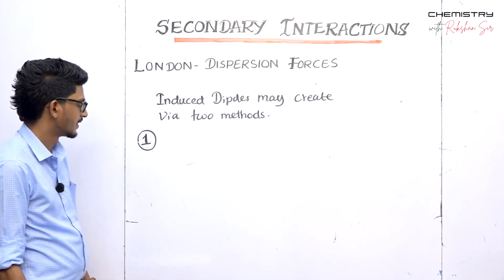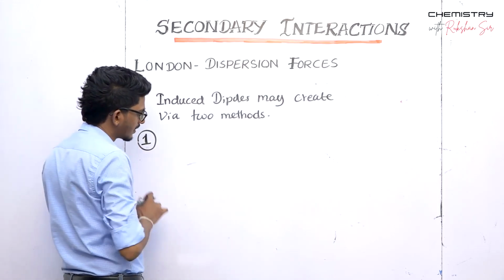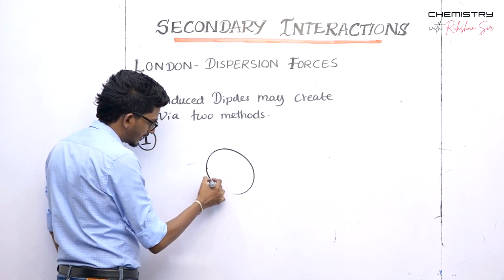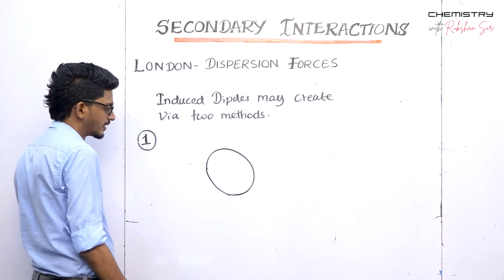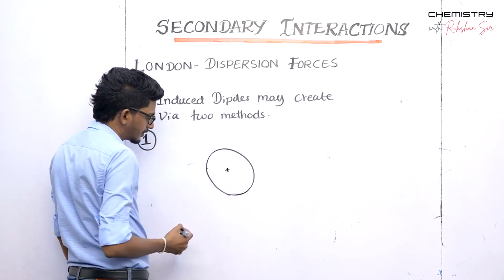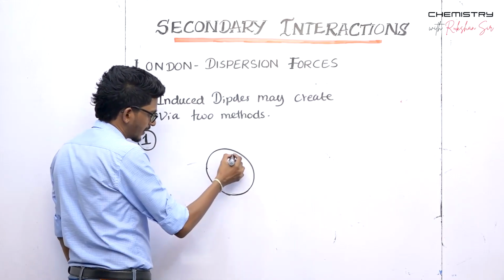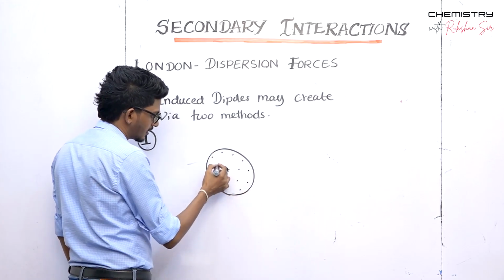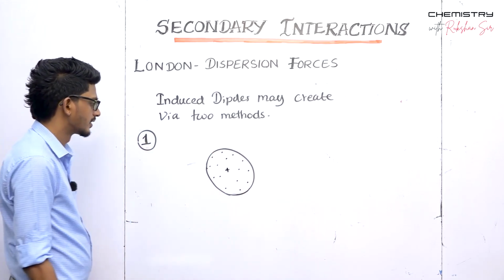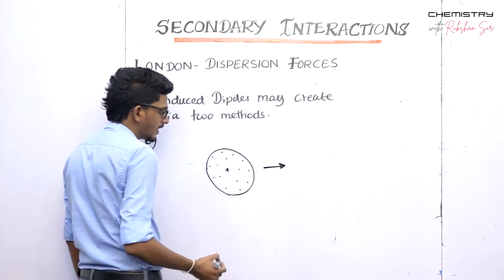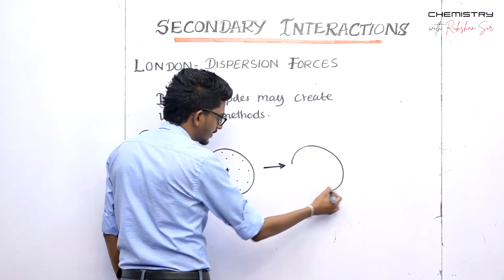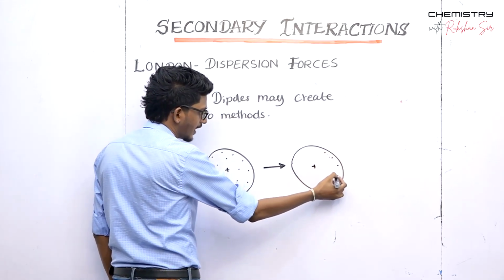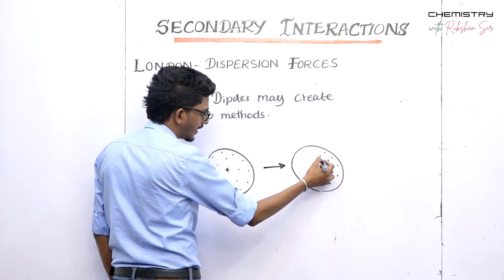The idea is this. If you take some non-polar or any kind of chemical species with electrons, these are the electron density. So there could be an instance where more of the electrons appear at one side, because these electrons are highly moving particles.